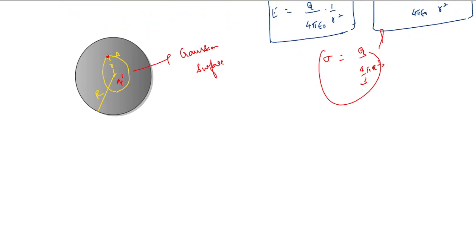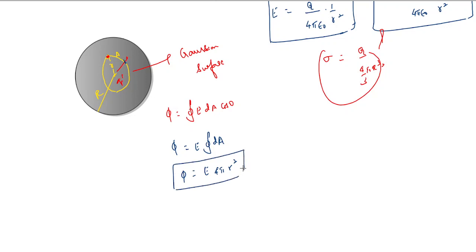Again here, if you use the definition of electric flux, flux is defined as the closed integral of E dA cos theta. Here the field goes out like this because there is charge present here. So the angle between the small area and the field would be 0, such that this flux would be E into the integral of dA, as seen in the earlier cases, that is E into 4 pi r square.